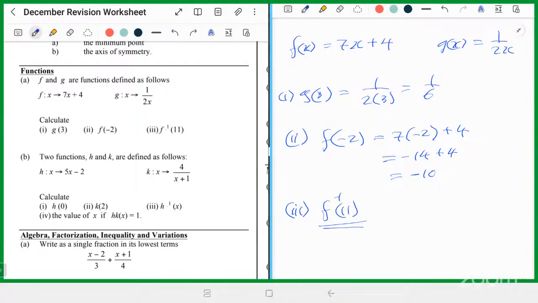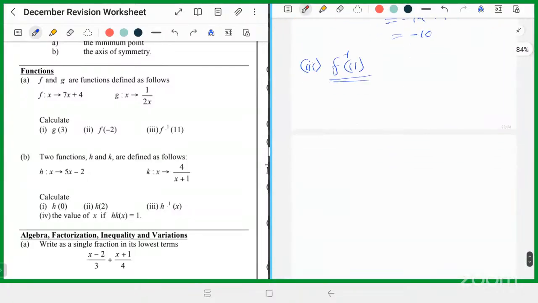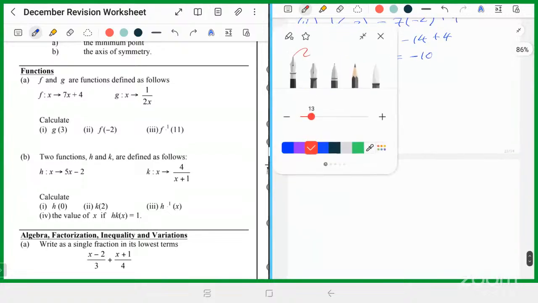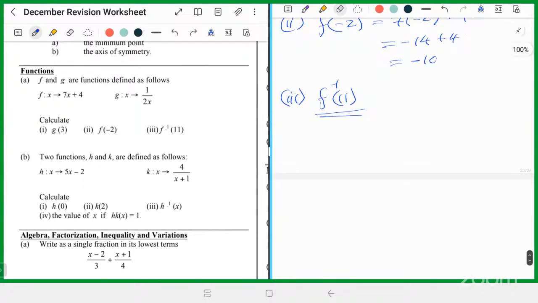Alright? So, let's look at it this way. Let's do it two ways. Let's say f to the minus 1 of 11 is equal to some number that you're trying to find, n.